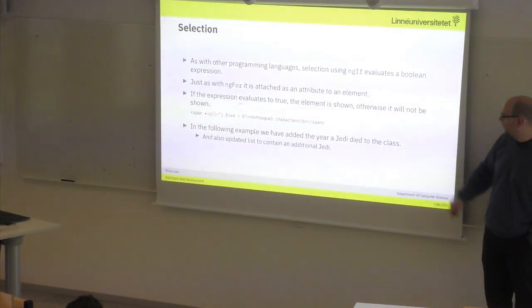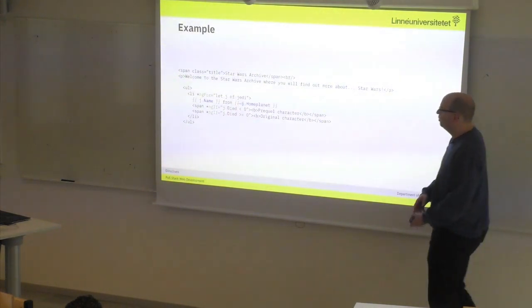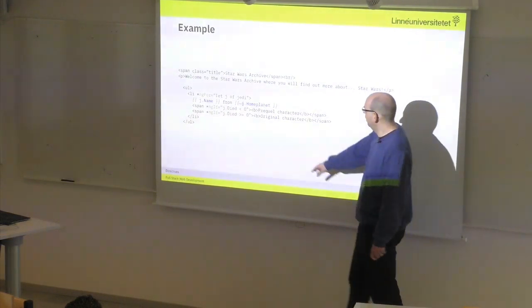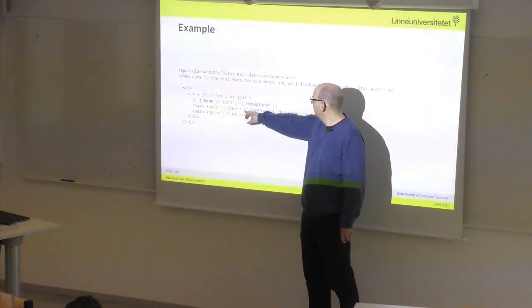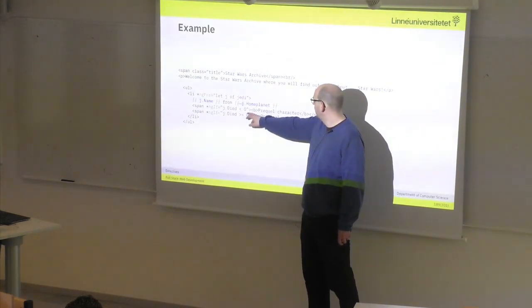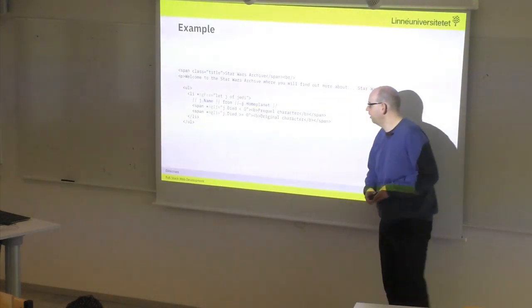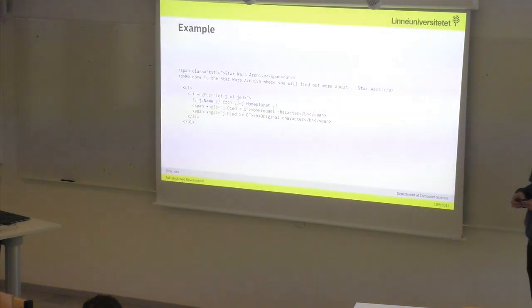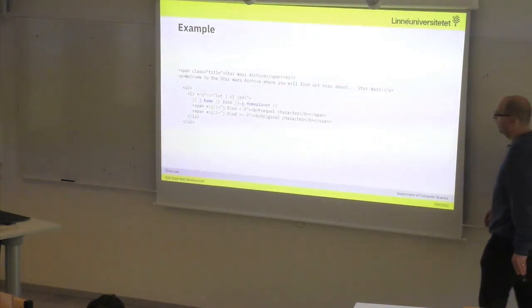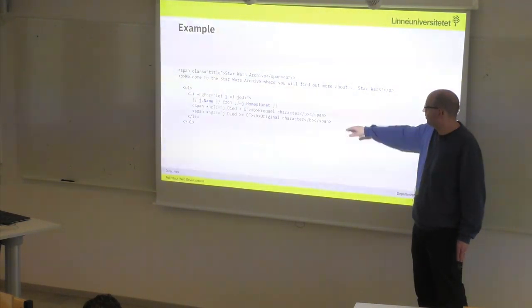And as we see, we have added a death year to the Jedi Master. But we can have several of these. So if it died before the year 0, then it's a prequel character. If it died after the year 0, and the year 0 is the year of the Battle of Yavin, it will show original character if they died after that battle.